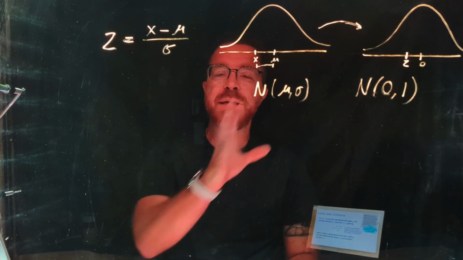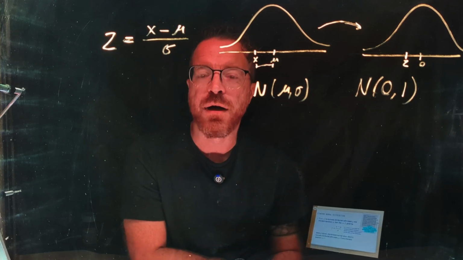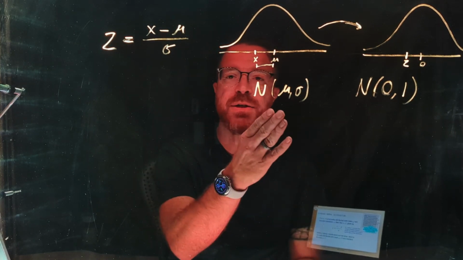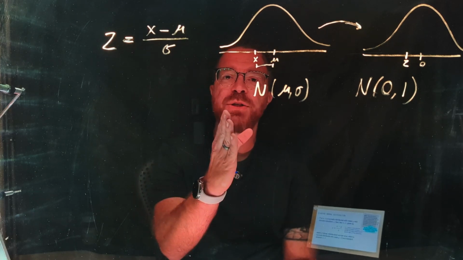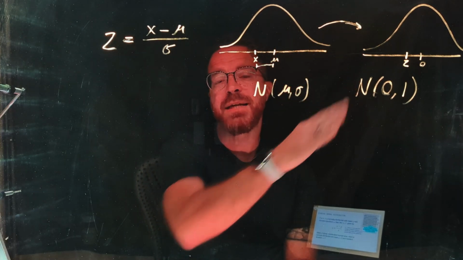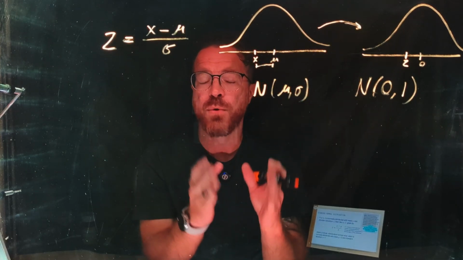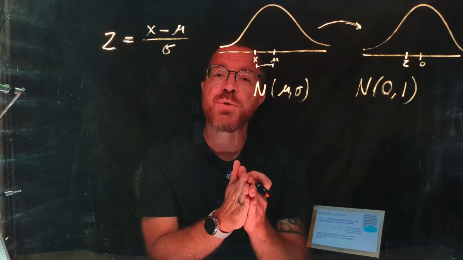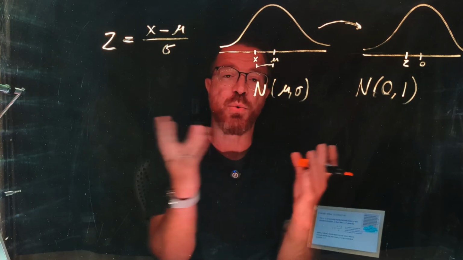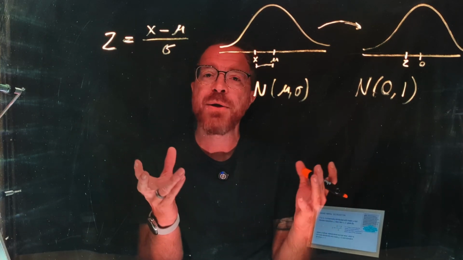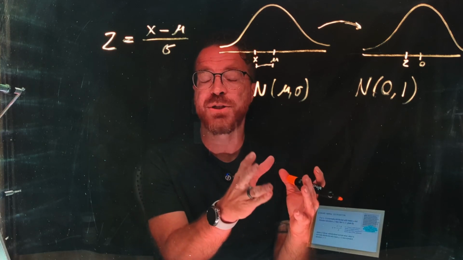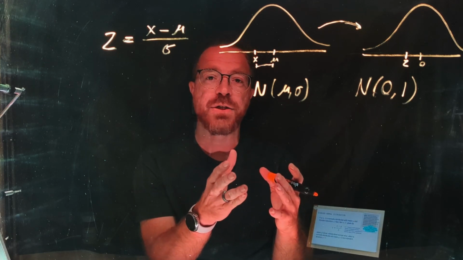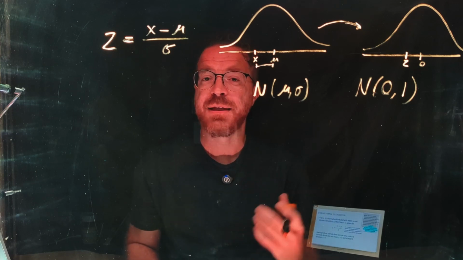It's because technically there's an infinite number of possible normal distributions based on different means and standard deviations. So what we're going to do is use this to translate to one single probability distribution, which will allow us to compare between different normal distributions, but also gives us an easy way to calculate probabilities on the normal distribution without having to do the integration that we talked about in the last section.